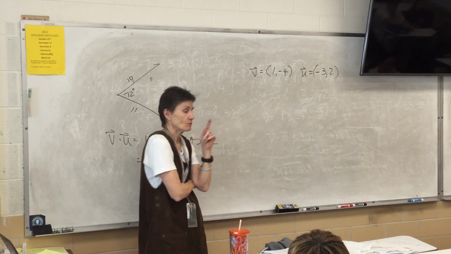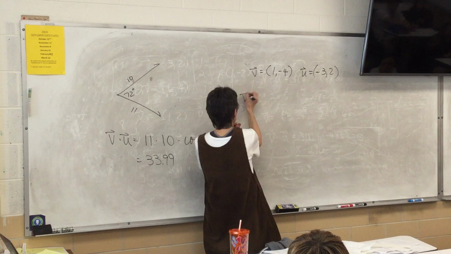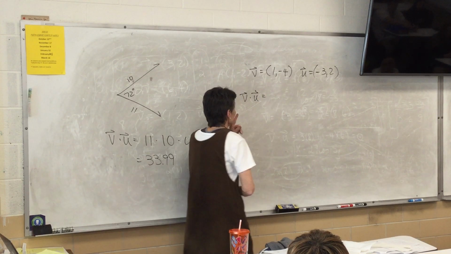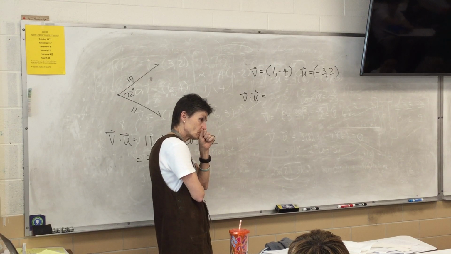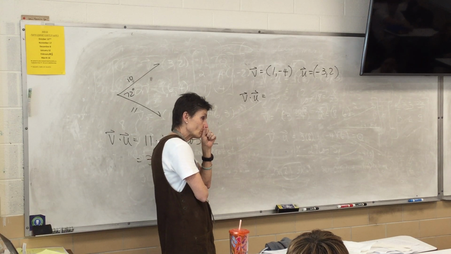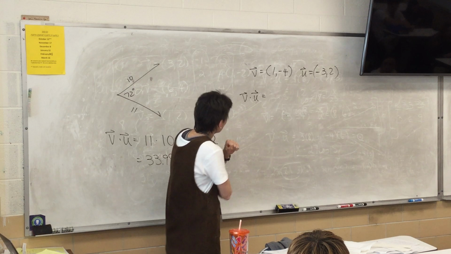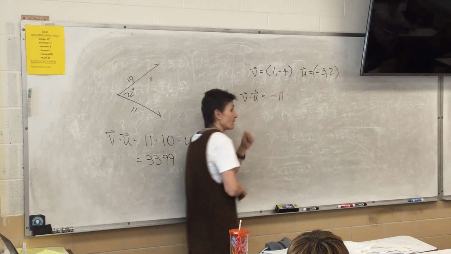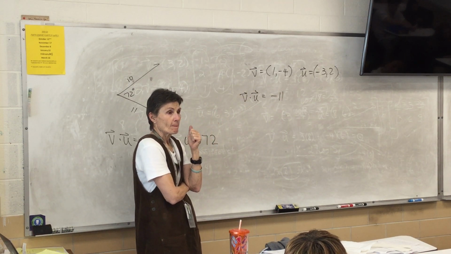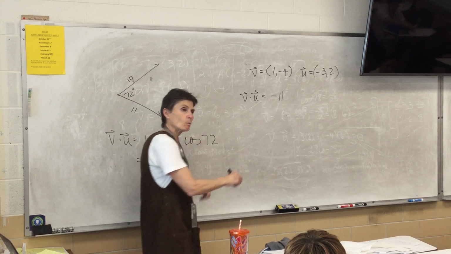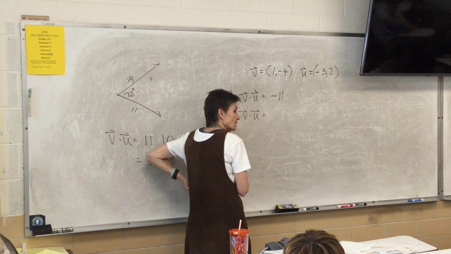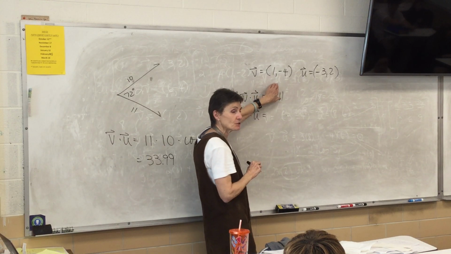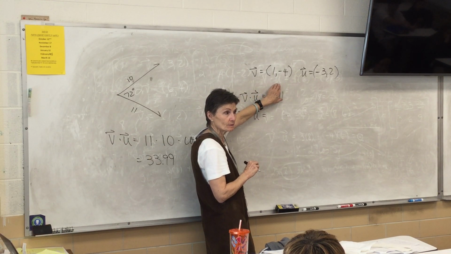Now let's think about this for a second. Can we find the dot product of these? What's the dot product here? What do we get to find the dot product? Yep, negative 11. Is that okay with everybody? But we can also find the dot product by taking the magnitude of the first vector.